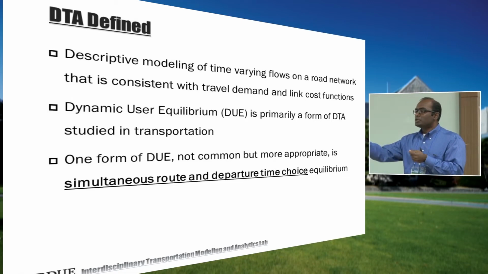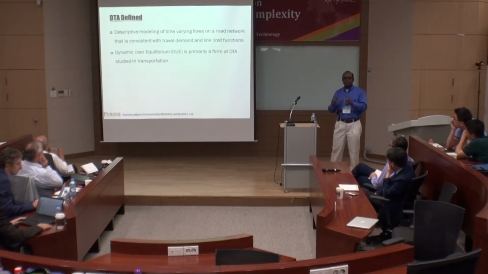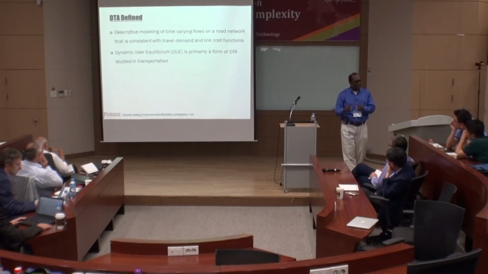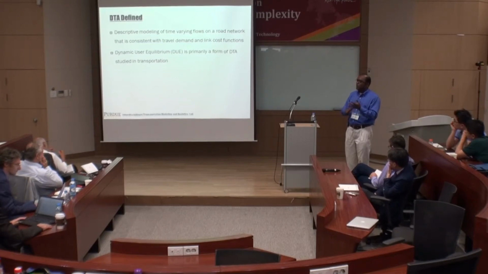Okay? So you need to model both this departure time and the path and possibly the mode that a person wishes to choose, whether they walk, they take a taxi, they take a bus, or they drive, whatever mode that they decide to use at that particular time. So it's a multi-dimensional problem that you need to actually solve. And how you solve that analytically is a pretty hard problem, right, to even formulate.